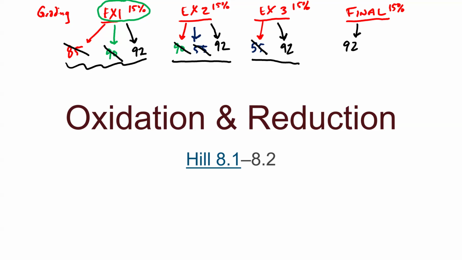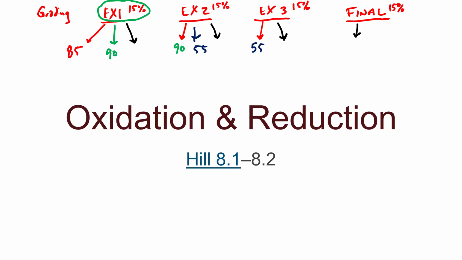Now I'm going to give you some different numbers. Let's say you have another class, like an accounting class, that you're really concerned about and you're going to work really hard on. And you've done pretty well throughout Chem 1310, so you're just going to kind of wing it.